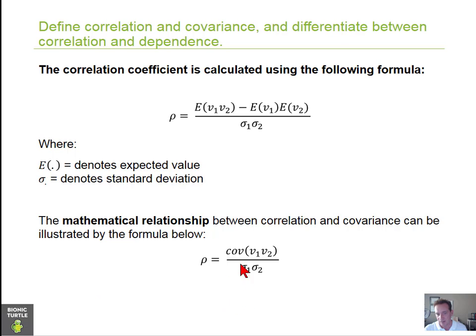So by dividing by the product of standard deviations, we render the covariance unitless. Another way to look at this is that the correlation coefficient is not so different from the covariance. It's taking that covariance and standardizing it into a unitless number that lies between -1 and 1.0.